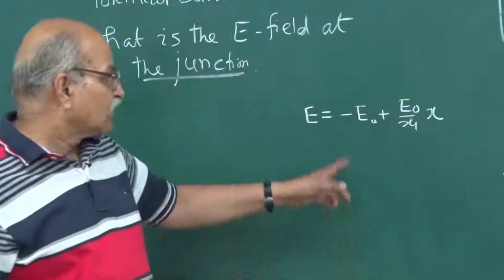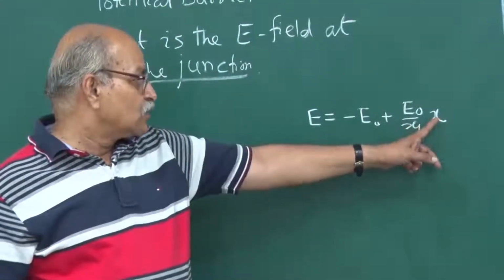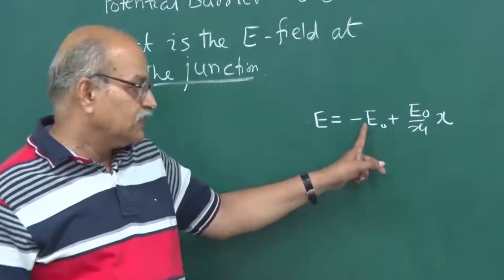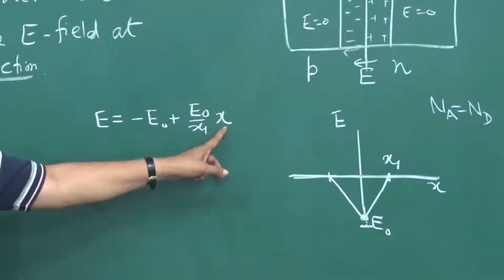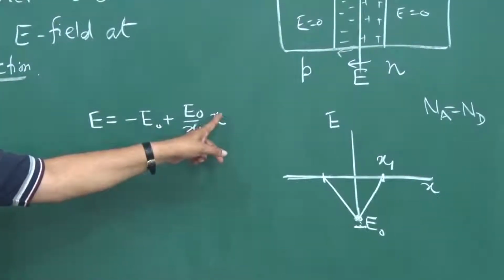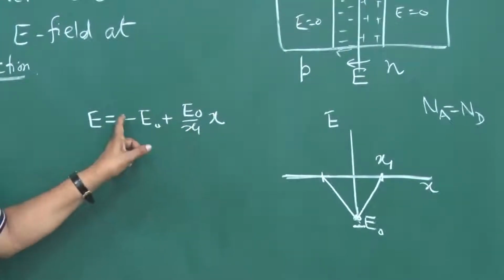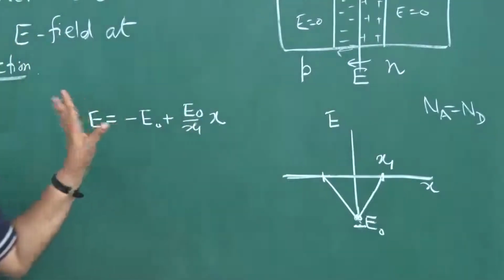Just check: this is a linear equation, and at x equal to 0, E is equal to minus E naught. At x equal to x1, it will be 1, since x over x1 is 1, so minus E naught plus E naught will be 0, and it is linear. So this is the equation.